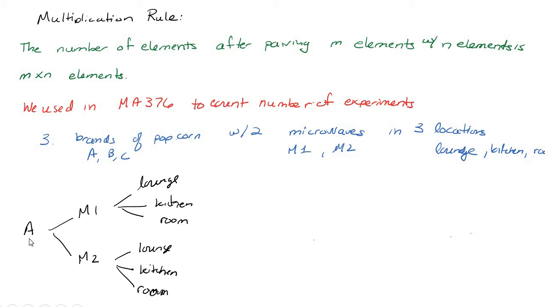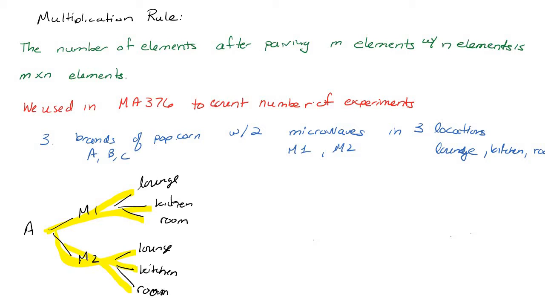So A, for example, the brand of popcorn, could be paired with either microwave number 1 or microwave number 2. And then microwave number 1 could be paired with lounge, kitchen, and room, and so forth. And so experiment number 1 would be that path, brand A with microwave number 1 in the lounge, and so forth.